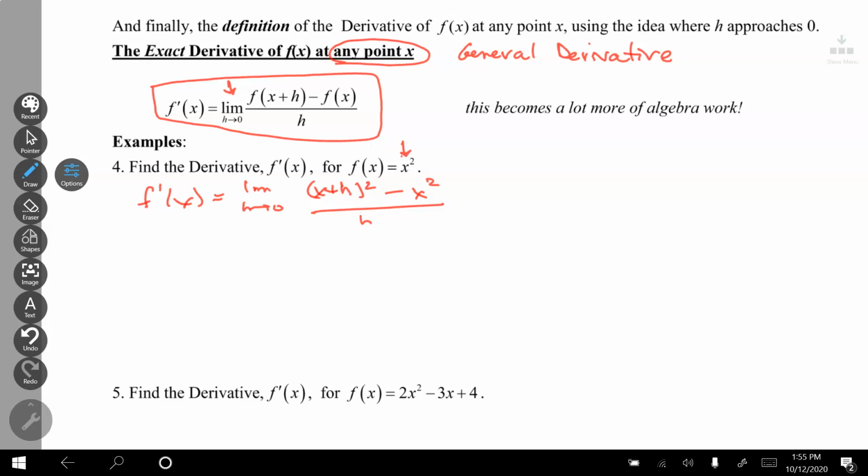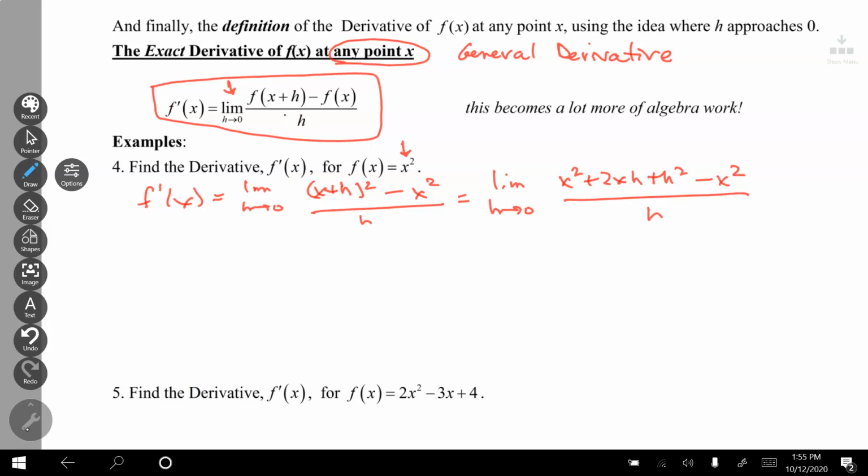Remember, we are putting in x plus h for all the x's. I still have this limit as h goes to 0 of x squared plus 2xh plus h squared minus x squared all over h.